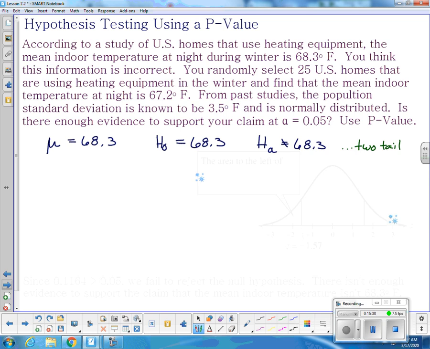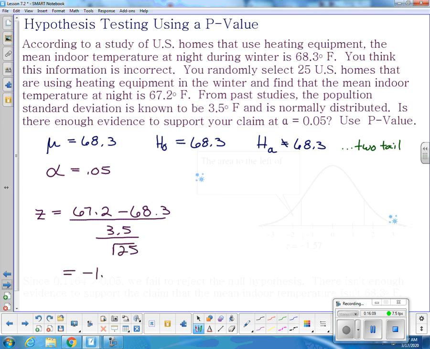Okay? So our significance level, the alpha, is 0.05. And we're going to go ahead and do our test statistic. Sample mean that we found minus the claimed mean divided by population standard deviation divided by the square root of the sample size. So I get negative 1.57.